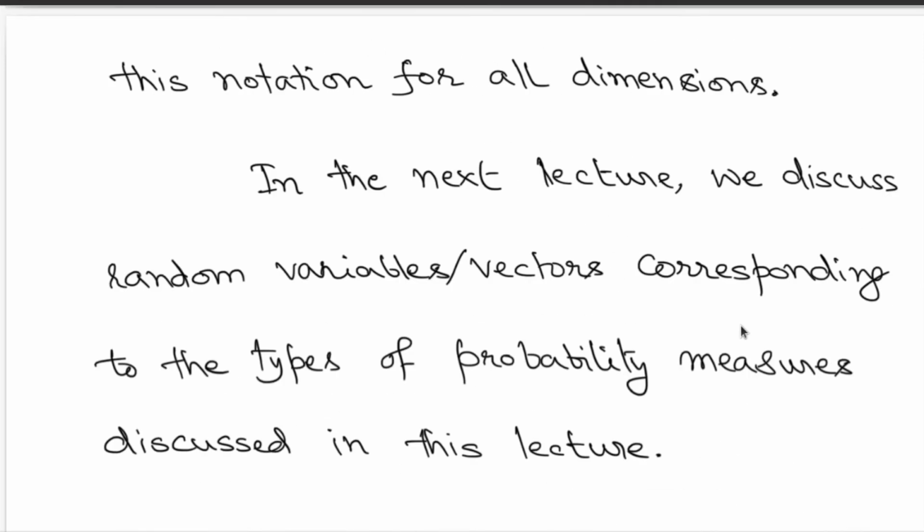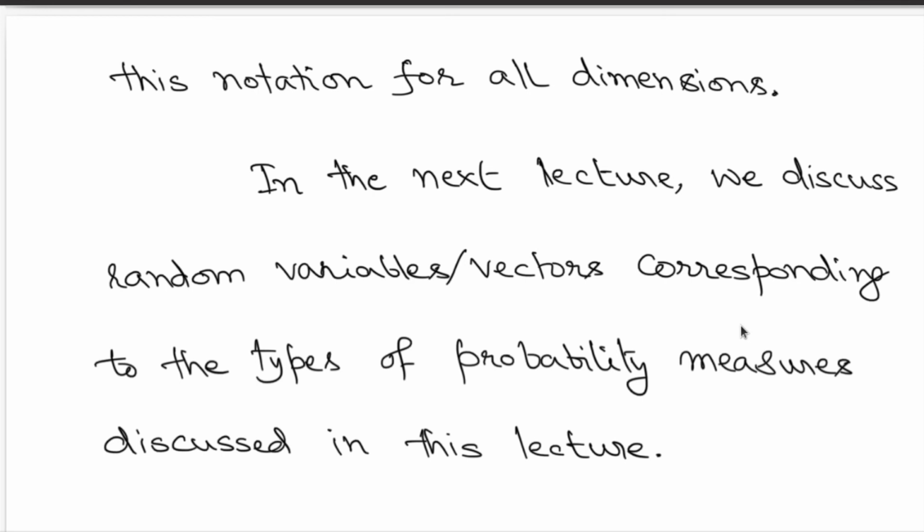Now in the next lecture we are going to talk about random variables and random vectors corresponding to these various types of probability measures. Remember, earlier we had discussed discrete random variables coming from discrete distribution functions, which connected to probability measures that were convex combinations of Dirac masses.